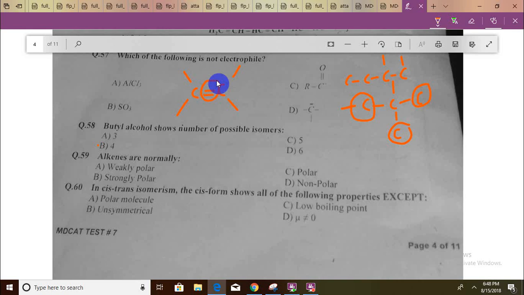And you'll find the alkenes on page 136 of the second year book. The alkene portion will start from page number 148.